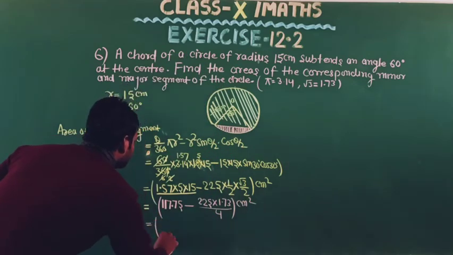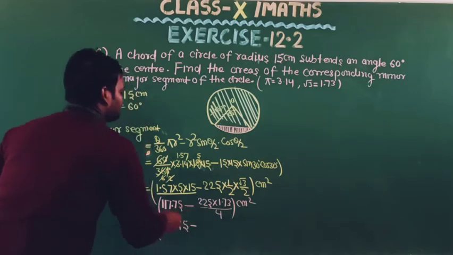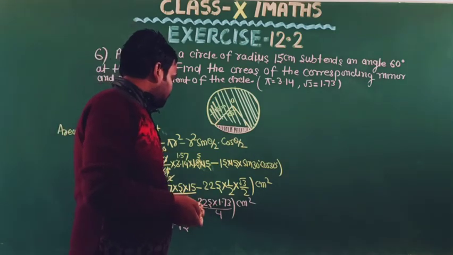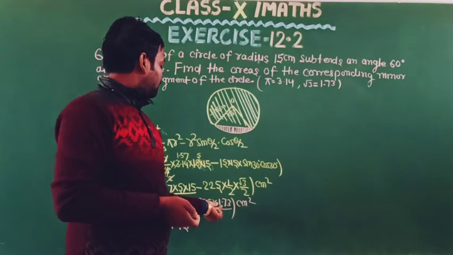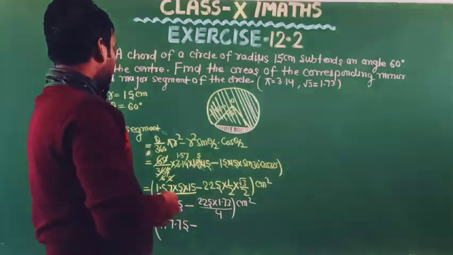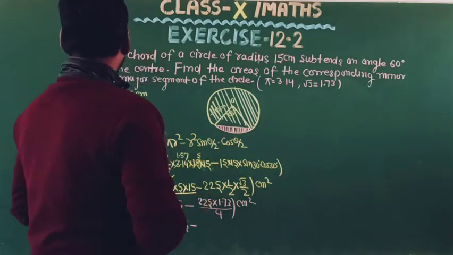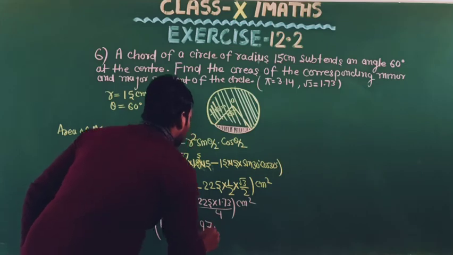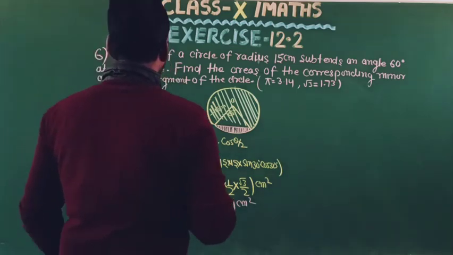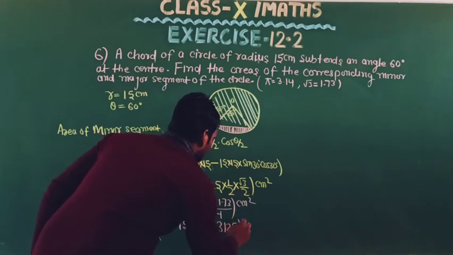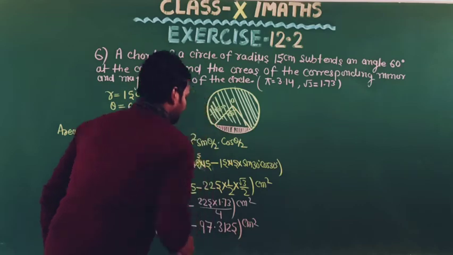And again this is 117.75 minus, and simplifying 225 into 1.73 divided by 4, we get the overall value of this expression, 97.3125 centimeter square.